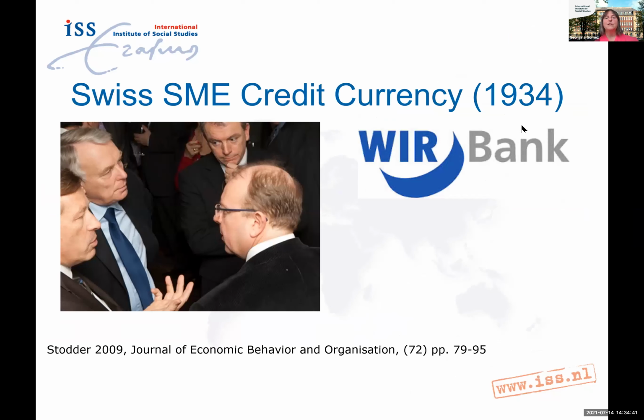One of the oldest ones is in Switzerland, another very rich country where you would say, why is this necessary? Well, Wir, which means we in German, the Wir Bank in Switzerland is a business-to-business association, and what they do is give credits to each other.